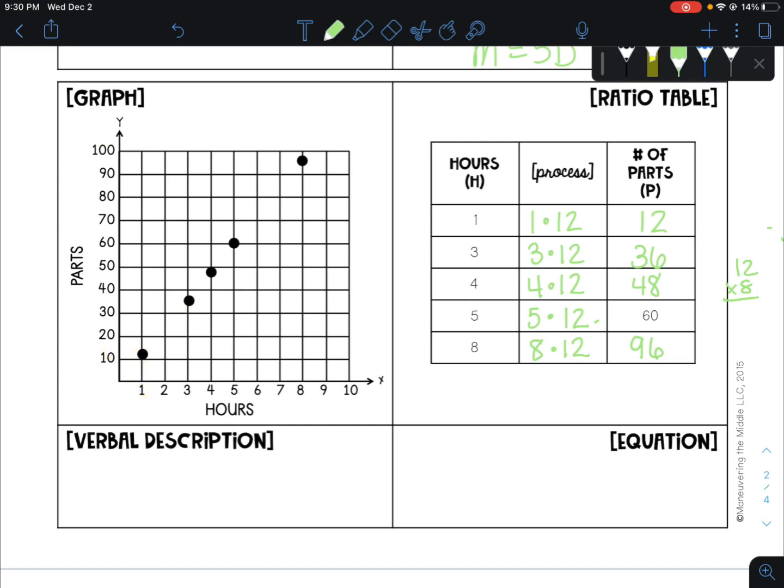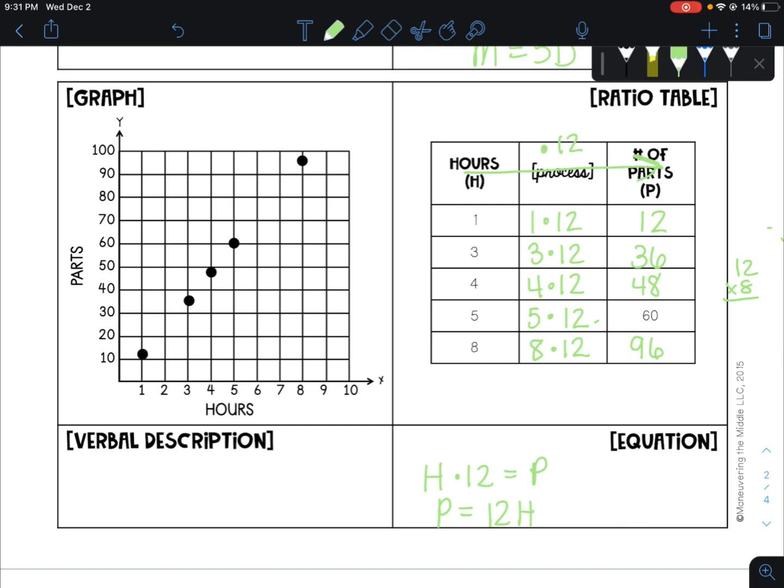All right, how about an equation? We take the hours and we do times 12 to turn it into the number of parts. So H times 12 equals P, or a fancy way, P equals 12H. Now, we're talking about some situation where over some amount of hours, we get a certain amount of parts.